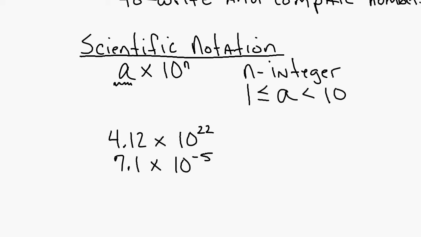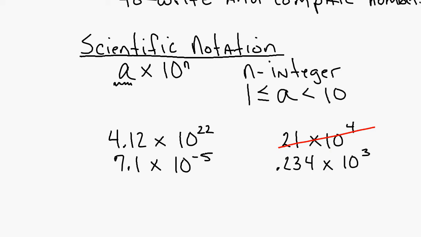Now, some examples that are not in scientific notation. 21 times 10 to the 4th. That's not in scientific notation. The first number's too big. It's got to be greater than or equal to 1 and less than 10. 0.234 times 10 to the 3rd.